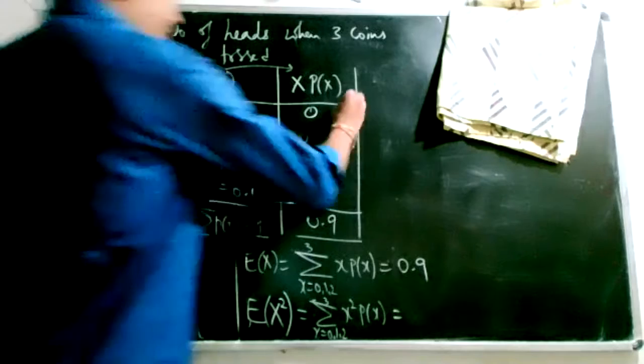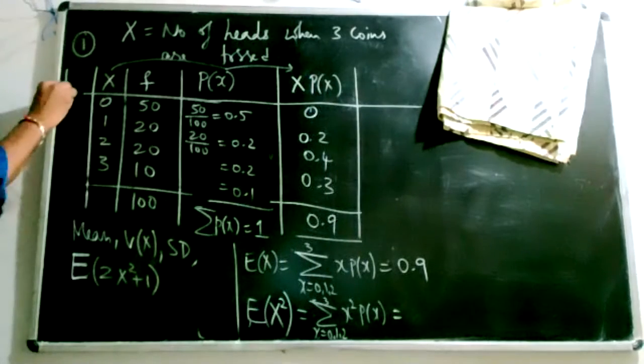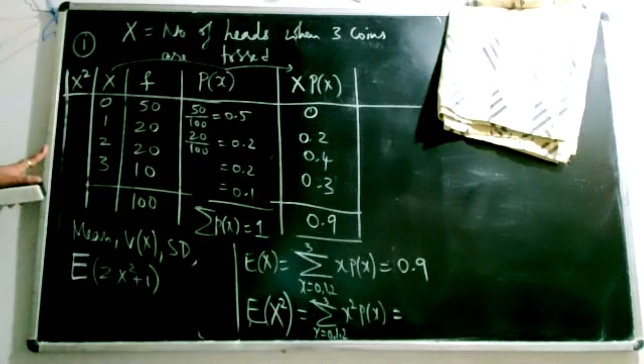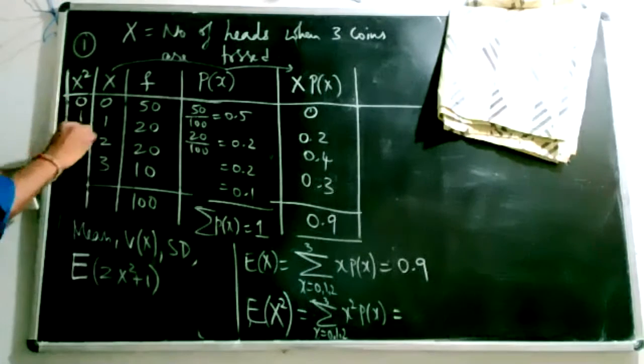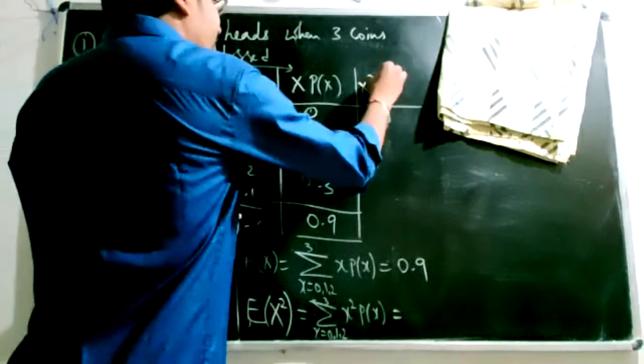So first I have to define x square. We have x as 0, 1, 2, 3. Therefore, x square will be 0, 1, 4, and 9.